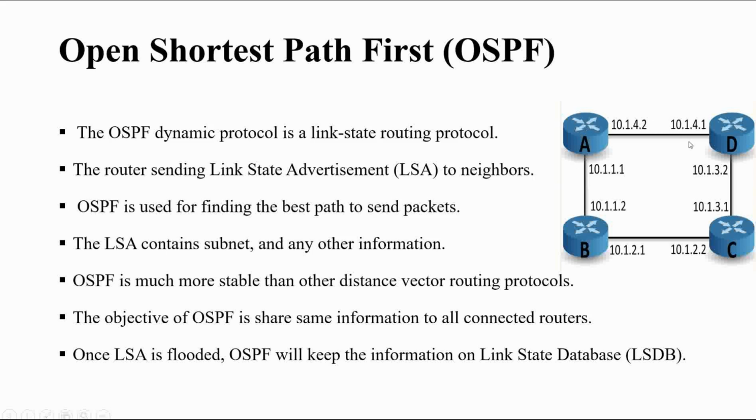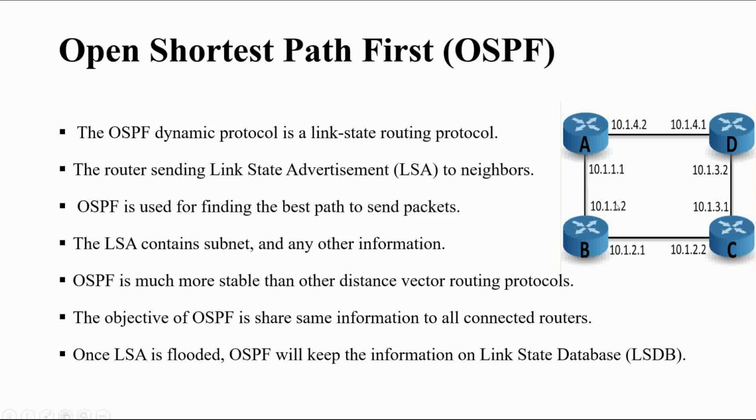For the information they send, for example when A sends to D, the message will be multicast from A to B and D. From D to A it is unicast, and from B to A it is unicast. When sending, this interface broadcasts and advertises its own information: the IP address, the router ID and other basic information for B and D. Then D receives this information and sends it to C, and B also sends it to C. Based on this process they build the common database, which stores everyone's information.